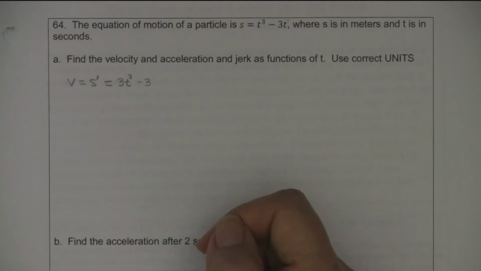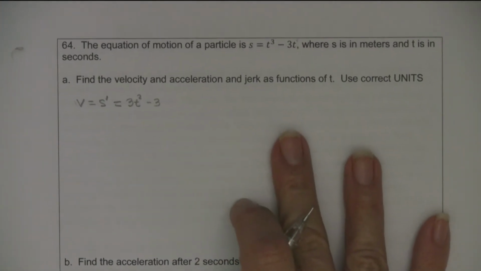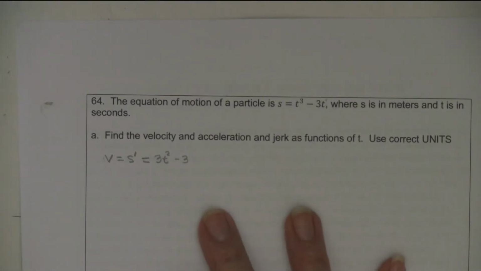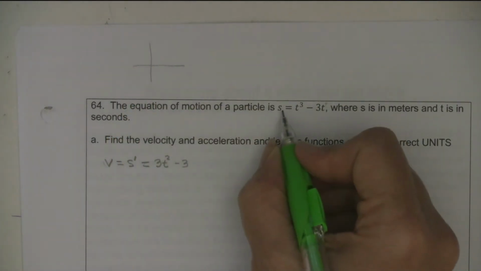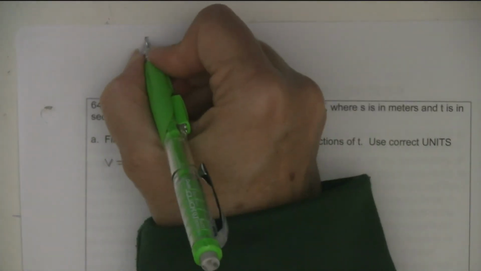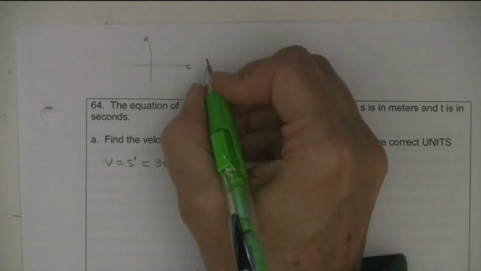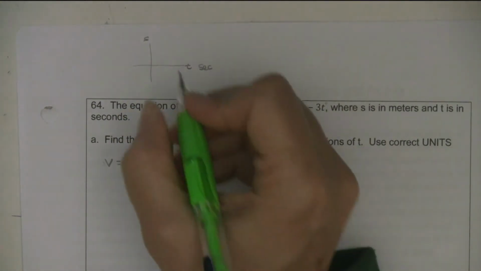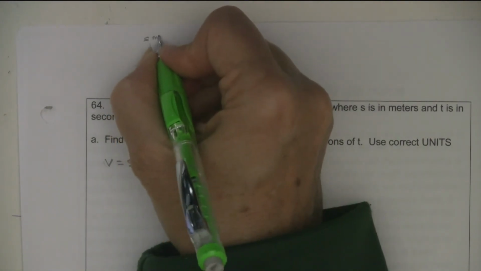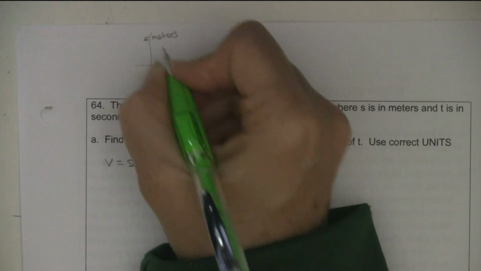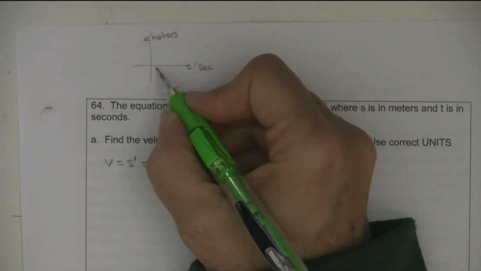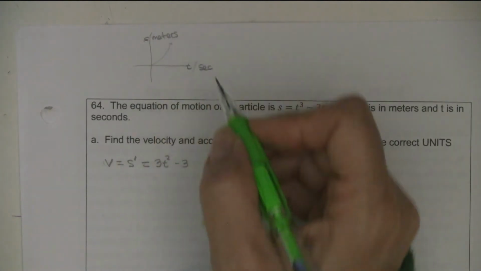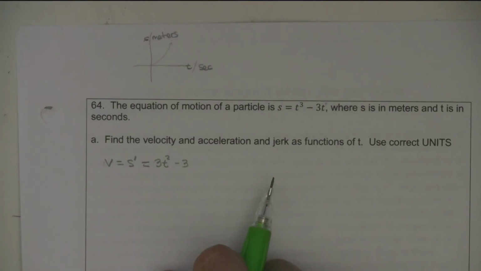I want to show you with a picture what these units would be, because you might be wondering how the units work out. So I have S and I have t. t is in seconds, and S was in meters. I have some equation, and I don't have to know what it looks like, but it doesn't matter.